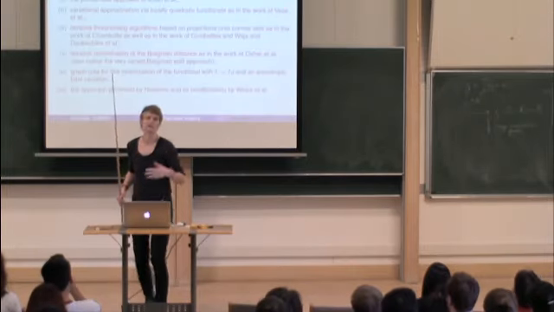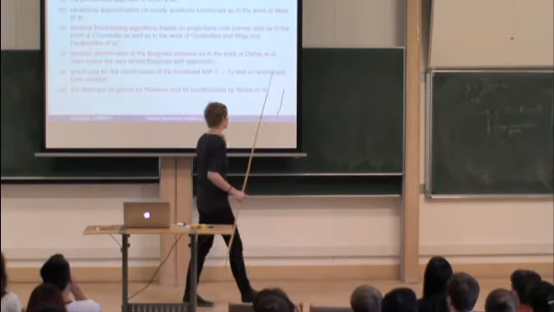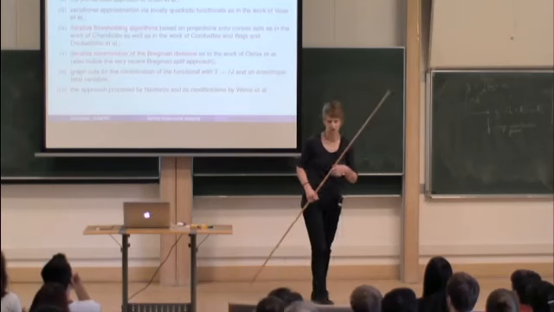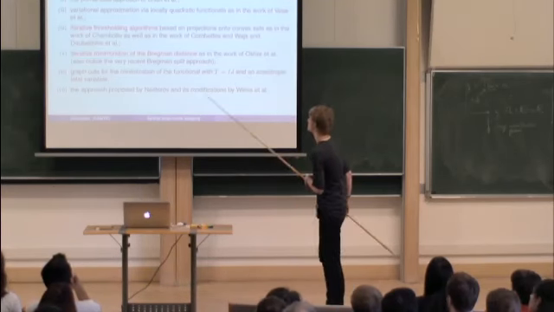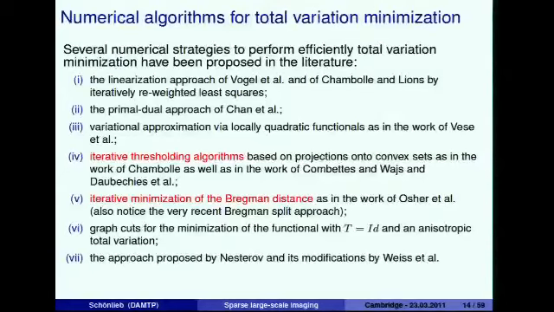All right, and of course, because this is a very famous and very popular reconstruction method in imaging, there are loads of numerical methods with which you can solve this. You're not supposed to read all of this now, it's just to show you the spread-out literature that exists on this.